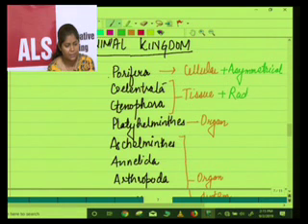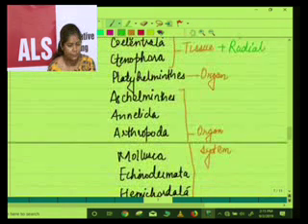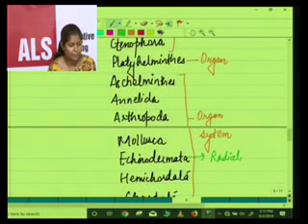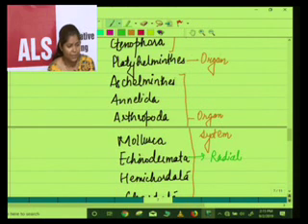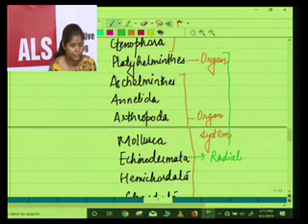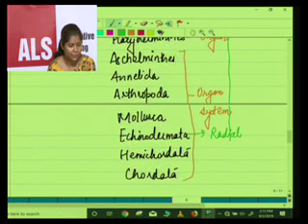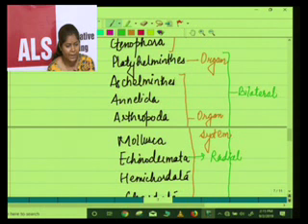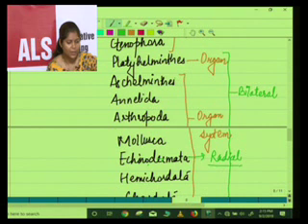This is radial. This is radial, but all of them, the rest, from Platyhelminthes to Chordata, all of them are bilateral. But the only exception is what? The only exception is Echinodermata, which is having radial symmetry.